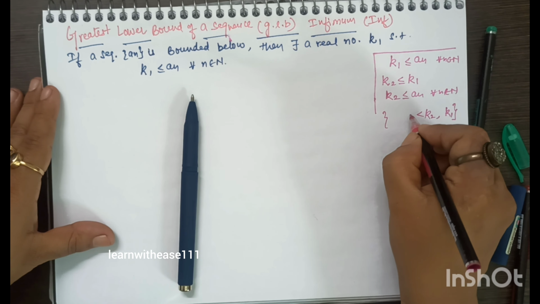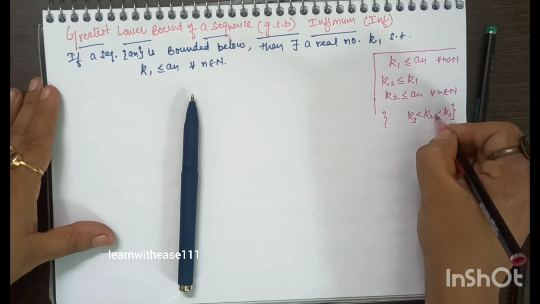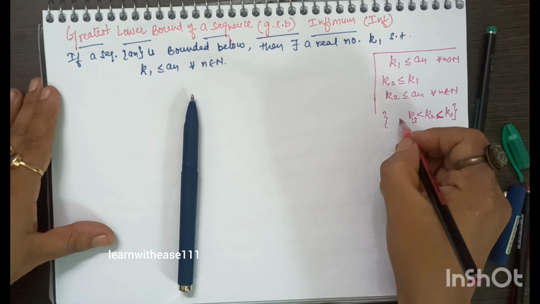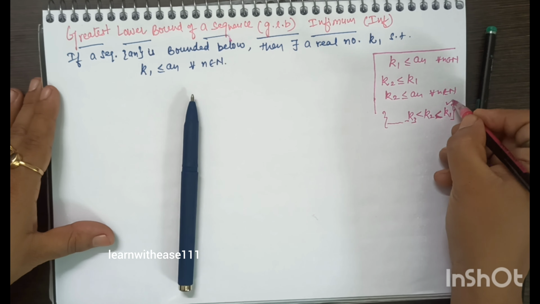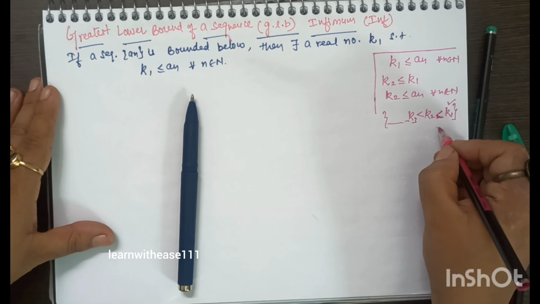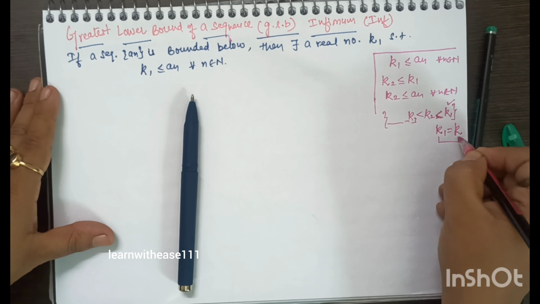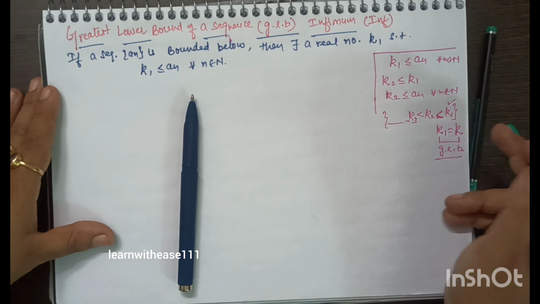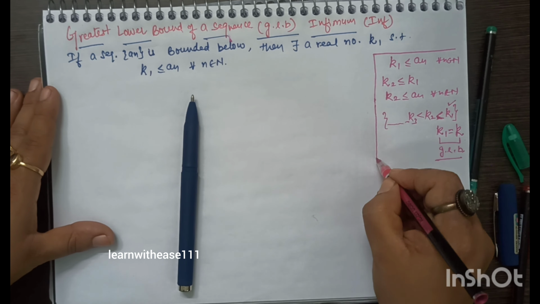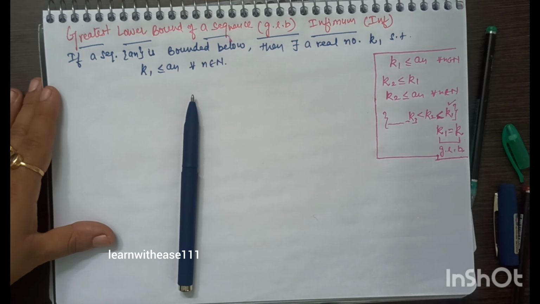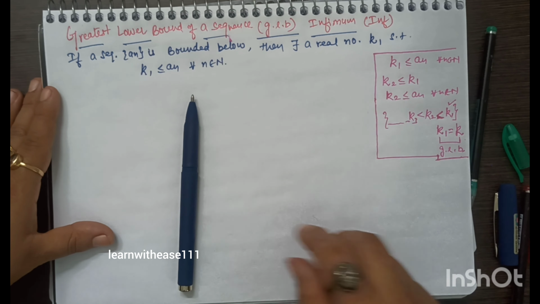Suppose this is the sequence, k1 is the greatest one, then k2, then k3, and this is an infinite sequence we are getting of lower bounds, and from this collection k1 is the greatest. I'm taking k1 as k itself. So k1 or k is the GLB of the sequence.